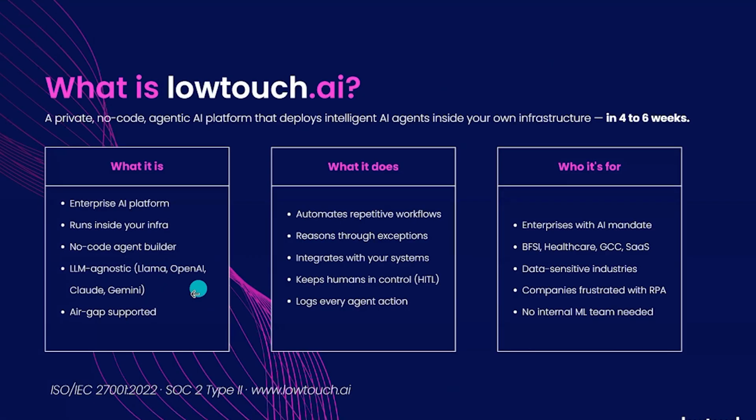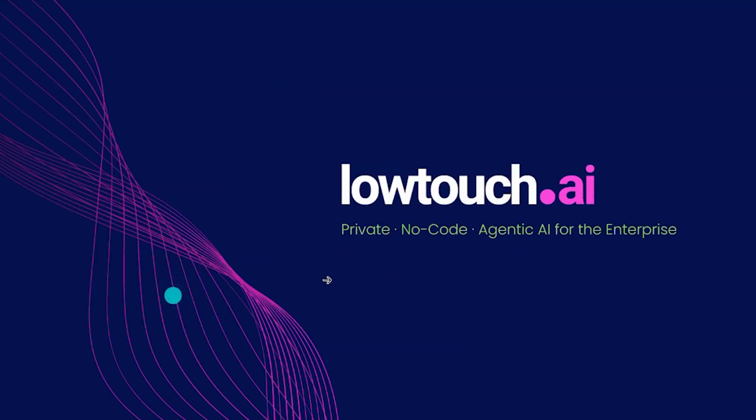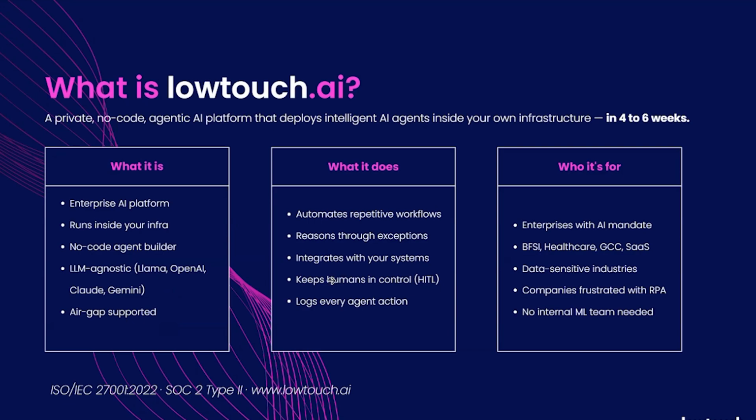It's a no-code agent builder; the instructions and training can be done using natural language. It's LLM agnostic, so we are able to use local LLMs or even public or cloud LLMs. It's configurable, and we can completely deploy this within an air-gapped environment like banks, within their infrastructure.